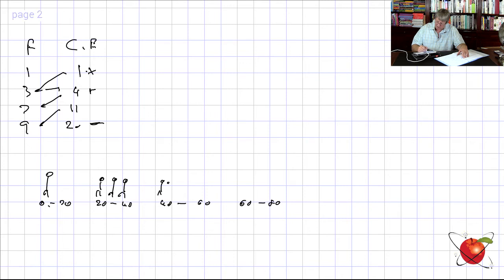I can't really draw all 7, but let me do so: 1, 2, 3, 4, 5, 6, 7. How many people were in the next block? There were 9: 1, 2, 3, 4, 5, 6, 7, 8, 9.